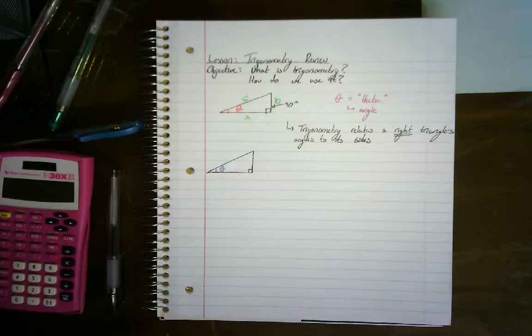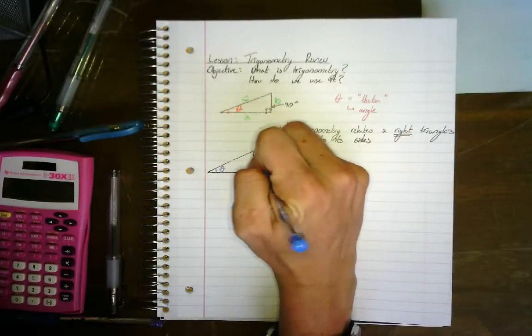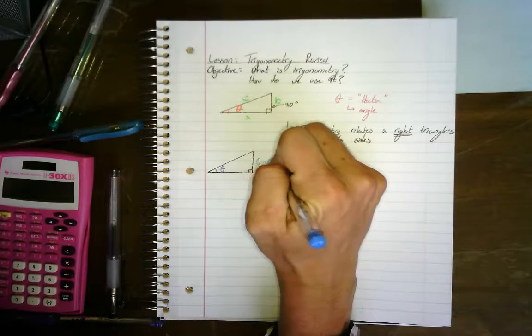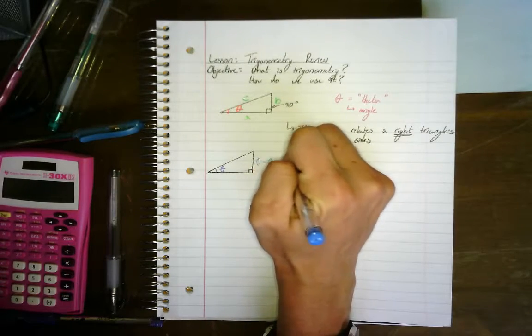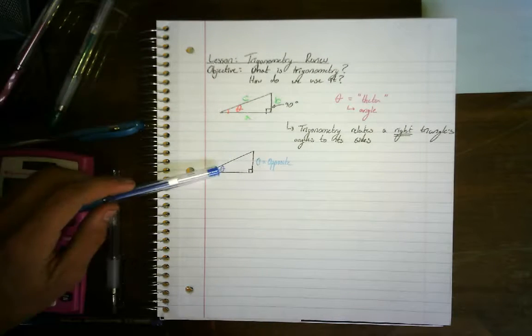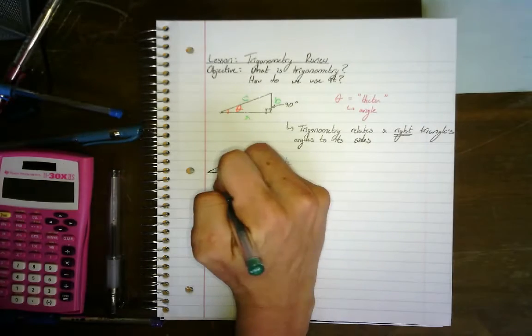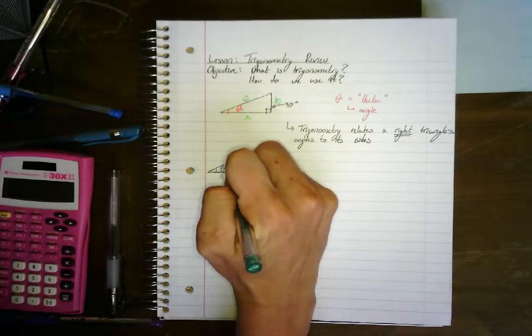So first we need to look at the three sides. We have the side opposite is conveniently called opposite. The side adjacent, or right next to our angle, is going to be the adjacent side.